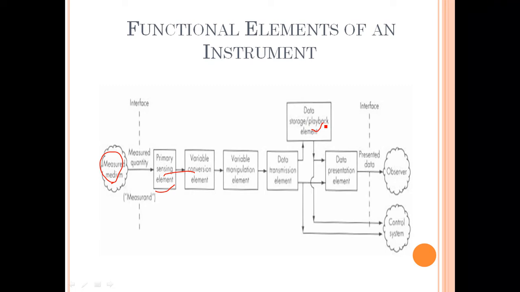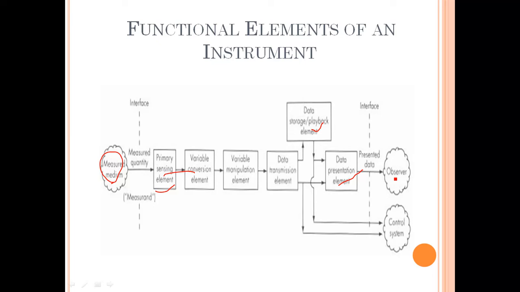Then data presentation element. Data can be presented in terms of pointer and scale. We can easily use a pointer or a scale to represent the data. Then the final stage is observer, who can read out that particular data from the pointer and scale.